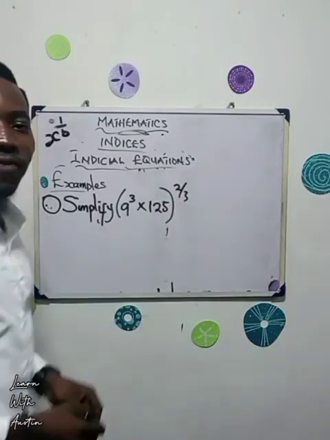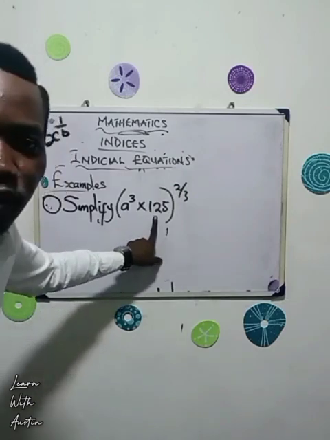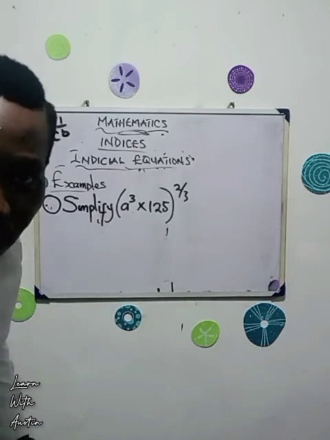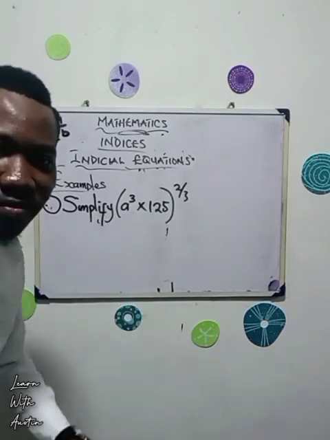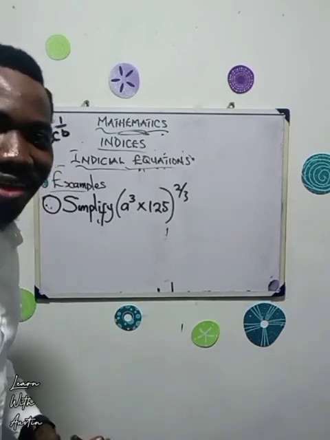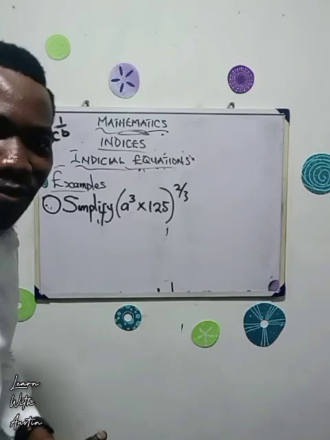So let's simplify this. Infinity, you got it, great. So simplify this. This one go hard, are you sure? Simplify, bracket open, a raised to the power of 3 times 125, all raised to the power of 2 over 3.